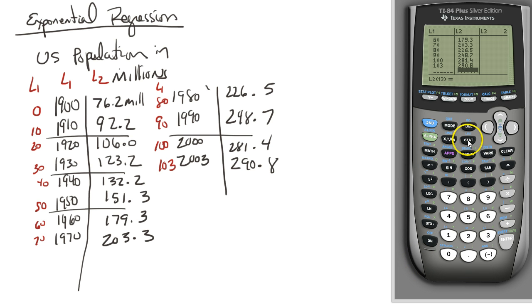I'm going to press Stat, Calc, Exponential Regression. I'm just going to push up. It's choice 0. Now it uses list 1, list 2 automatically, but you could do second L1, comma, second L2. And we hit enter. And we get something like 80 and change. So there's my equation.